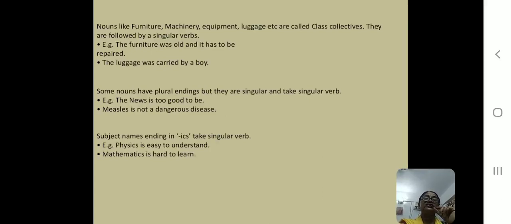Measles is not a dangerous disease. This is another example. Subject names ending in ICS take a singular verb, like physics is easy to understand, mathematics is hard to learn. So the subject name which ends with ICS, though you may feel that it is plural, takes the singular verb.